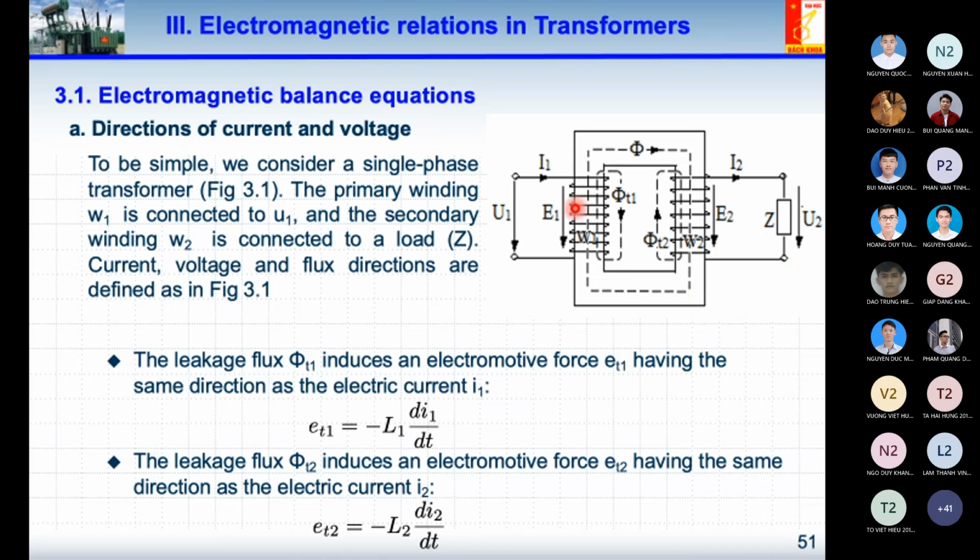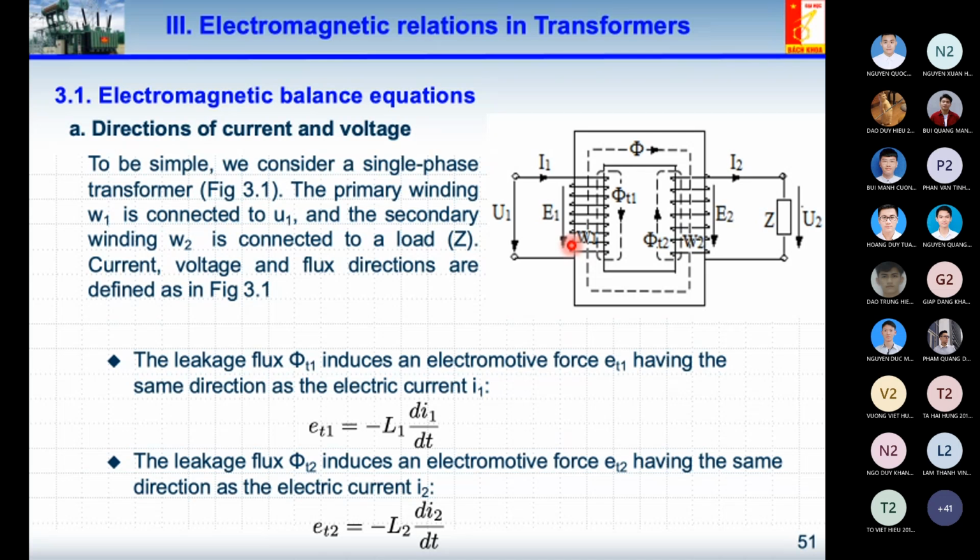consisting of two different windings, W1 and W2 here. The primary winding is connected to either the low voltage or the high voltage, depending on the type of transformer, and of course W2 is connected to the load here.